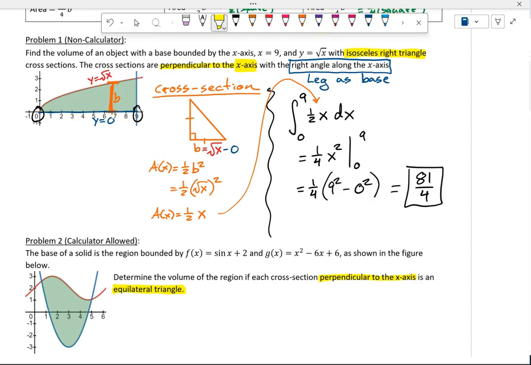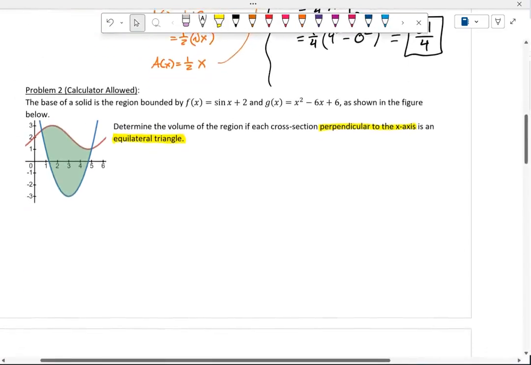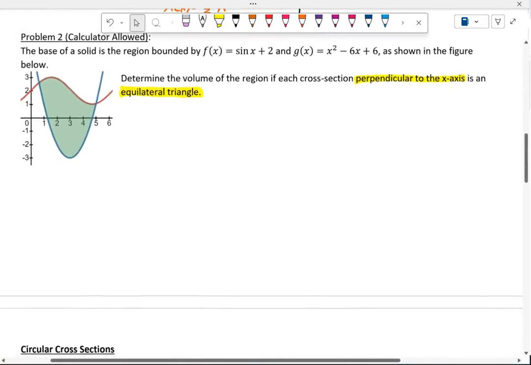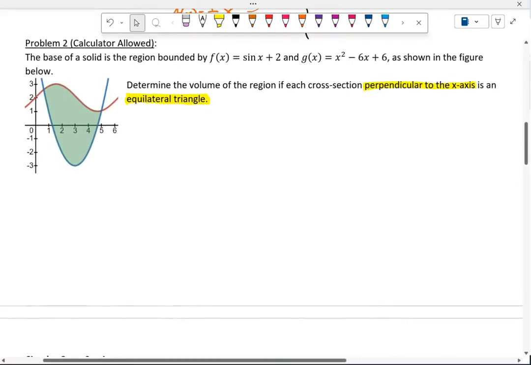So on this problem, you will have to calculate your intersection points. So for both of them, I would recommend that you store those intersection points in your calculator. If you're using your TI, calculate your first one, store it in a variable.